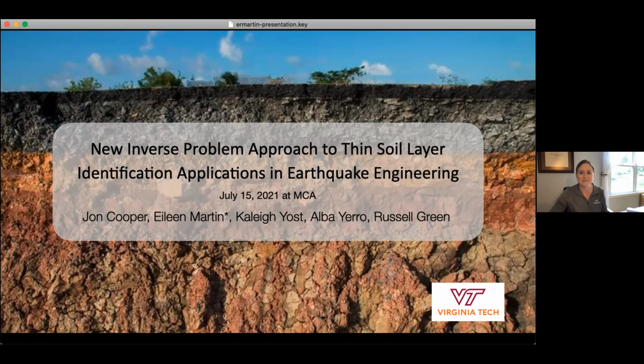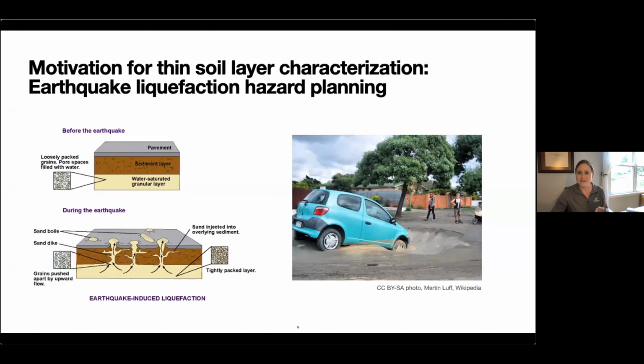The motivation for this is a problem called earthquake liquefaction hazards. When there's a large earthquake, if you have soils, especially sandy soils that might be saturated, and the shaking is really quite strong, it can cause those soils to fail and fall apart, acting like a liquid.